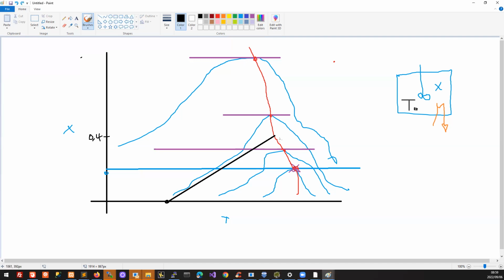I do know this red line has nice high rates, so I'm going to cool such that I stay on this red line until I reach the desired conversion, which let's just arbitrarily say is here. Right? So that's where we want to stop.